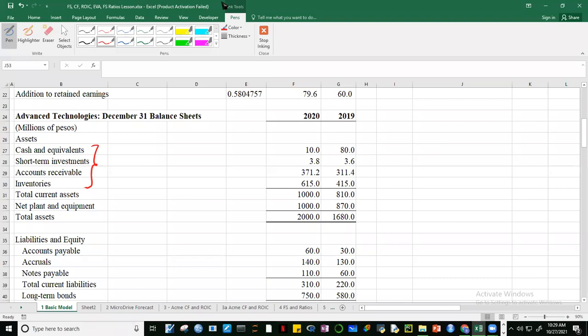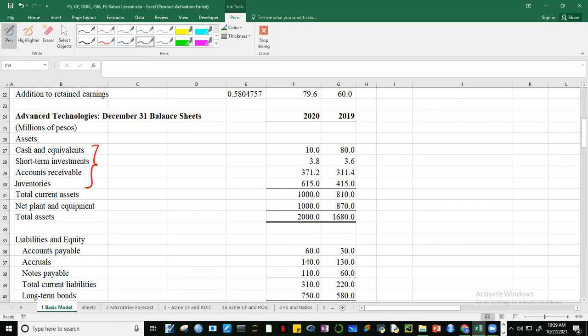Any guess, guys? I think I mentioned the answer a while ago, but I'd like to hear from you again. Any volunteer? Okay, Robert, yes? Is inventories part? Okay, inventories is one of them. What else?